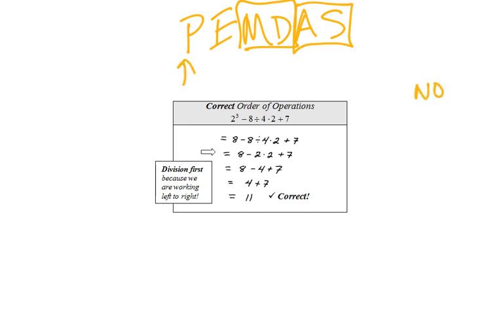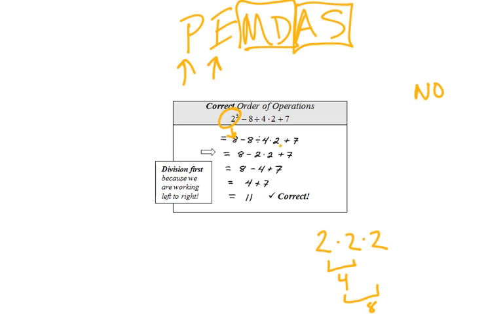No. Then exponents. Yes, right here. 2 to the third, that's 2 times 2 times 2. This is 4, and this is 8. So that's why they wrote 8 minus 8 divided by 4 times 2 plus 7.